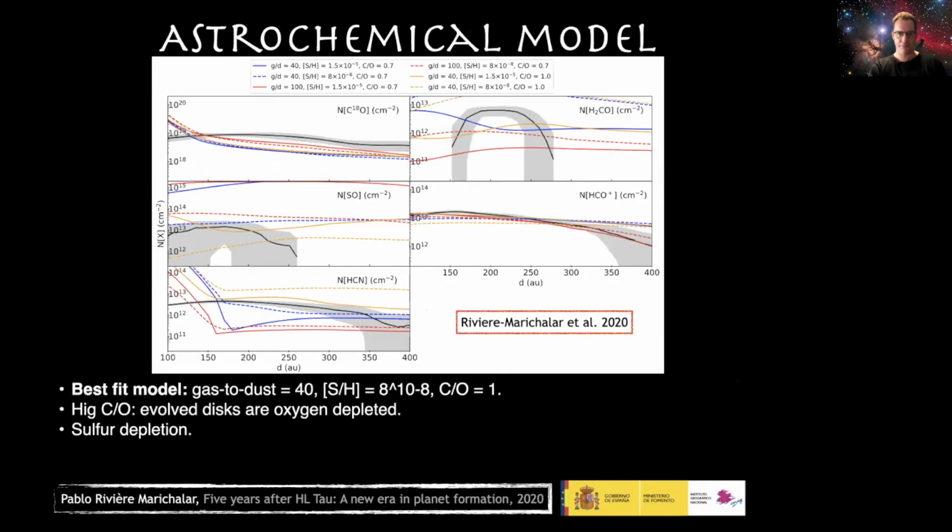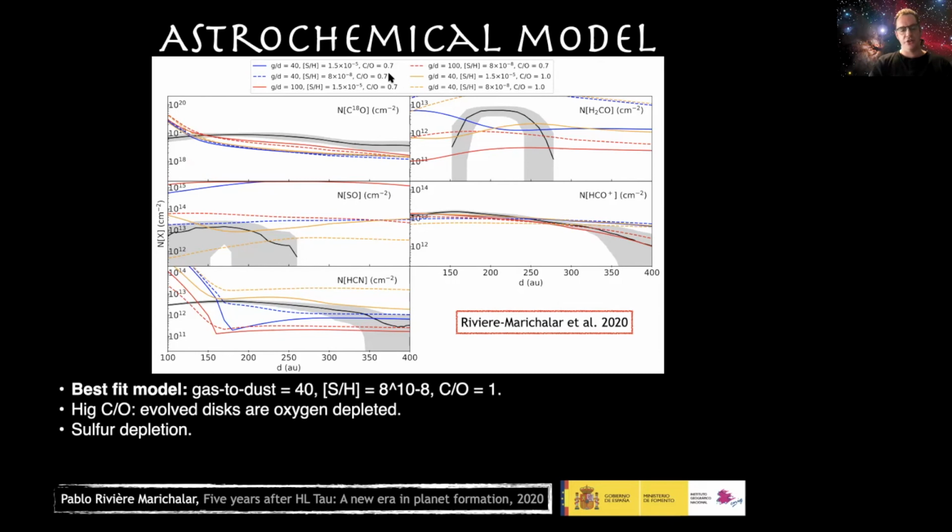Aiming to better understand what was going on, we developed a series of astrochemical models using Nautilus. We ran the series of models that you can see here in the legend. So we tried two gas to dust ratios, 40 and 100. We tried two sulfur abundances, 1.5×10^-5 and 8×10^-8.